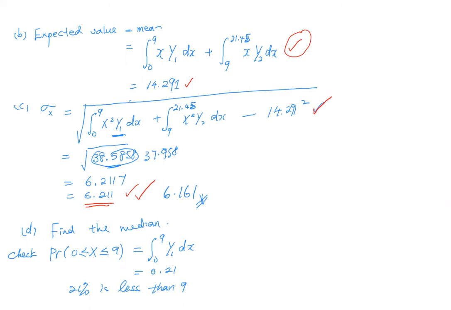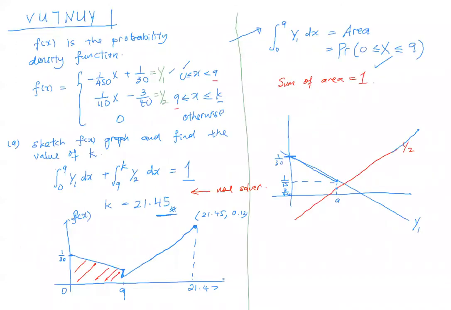So if you look at the graph here, this is 0.21. 0.5 is here. So I want to find this median. So now I take this back. Okay. So I go back to the page.